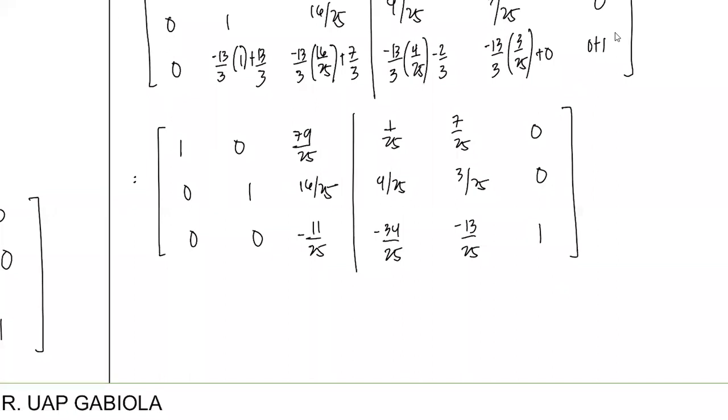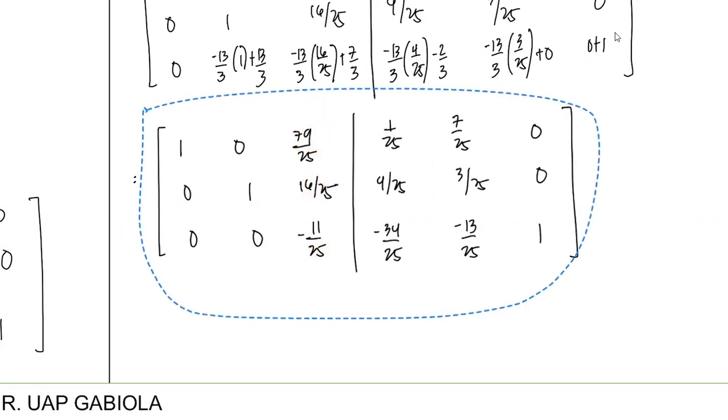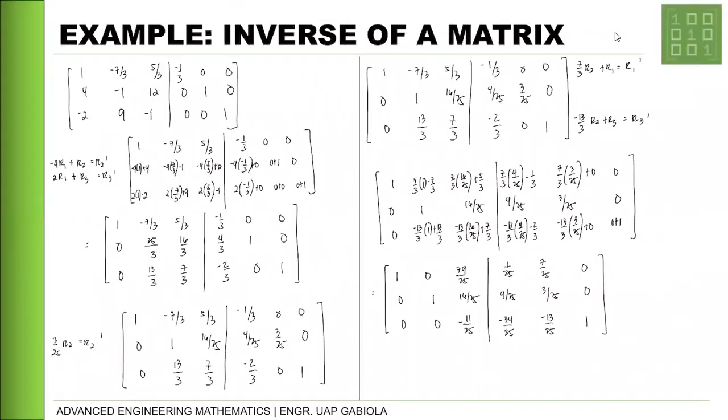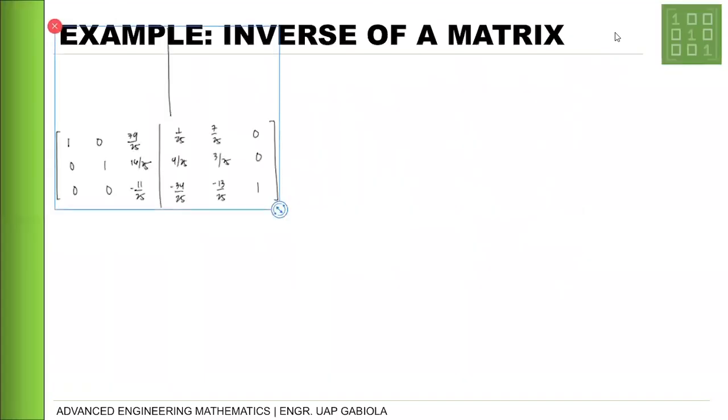Okay, so ayan. So last column na tayo. So ang goal natin ngayon, gawing 1 to tapos 0, 0 to. Okay? So let's copy this matrix again. So medyo no, time consuming to. Okay? Alright, so lagay ko lang dito.